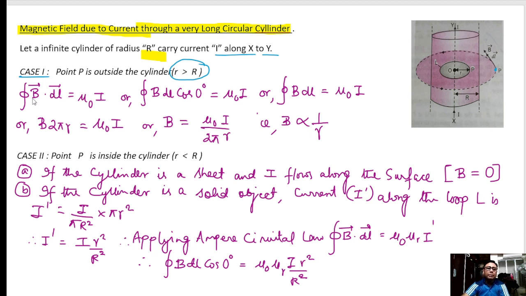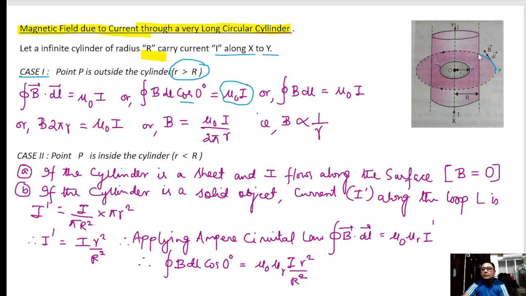So line integral of B dot dl equals mu 0 I, which we know. So line integral of B dl cos 0, because B and dl are in the same direction, so the angle between them is 0 degree. Now Ampere Circuital Law told that it is mu 0 I.